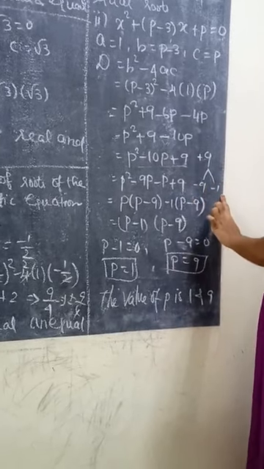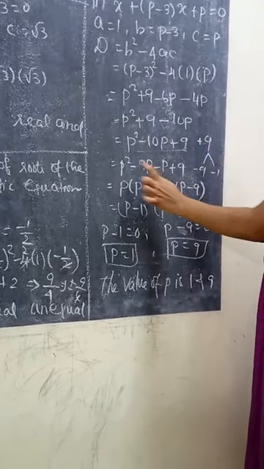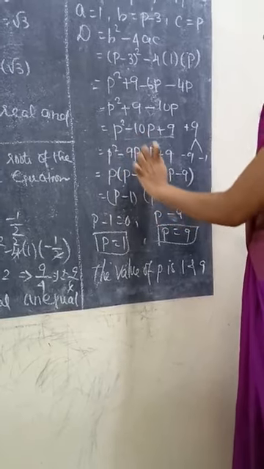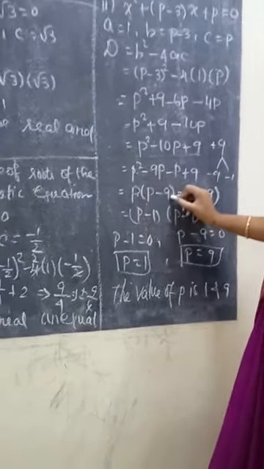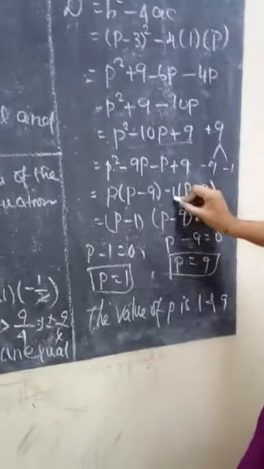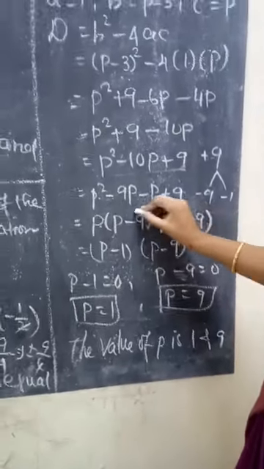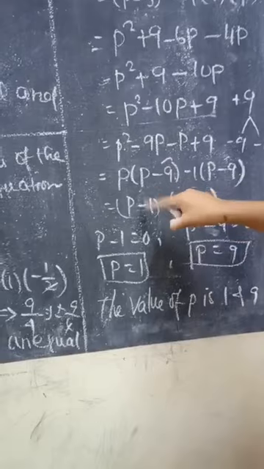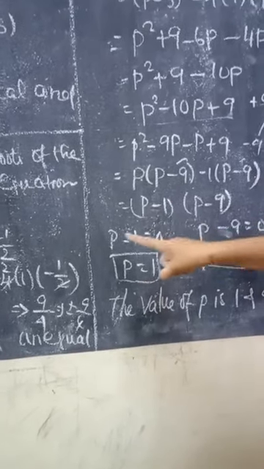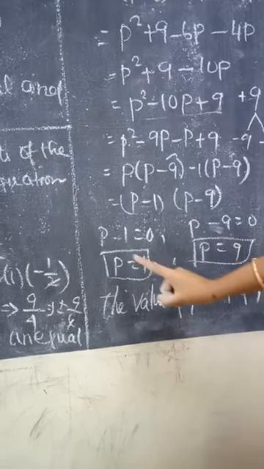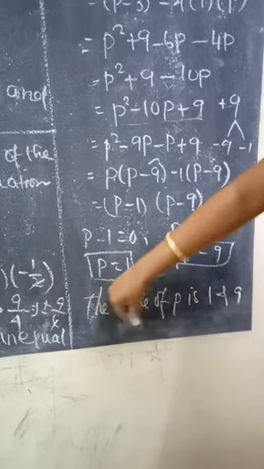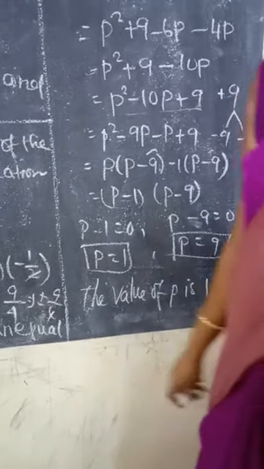So minus 9, minus 1. Minus into minus is plus 9. So p squared minus 9p minus p plus 9. Take p as common: p, p minus 9. Take minus as common: minus 1, p minus 9. So (p minus 9)(p minus 1). So p minus 1 equal to 0, p minus 9 equal to 0, p equal to 1 and p equal to 9. So the value of p is 1 and 9.